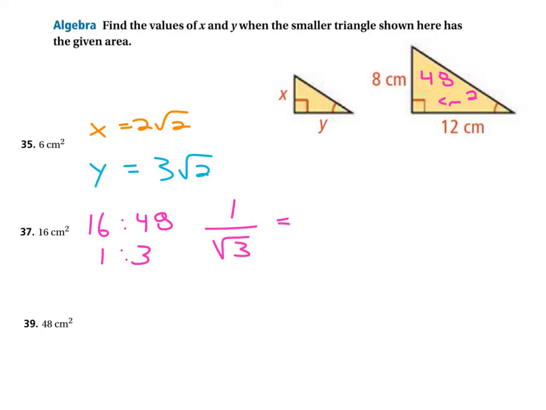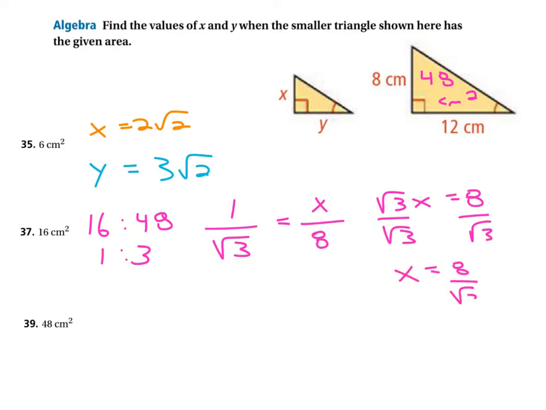Why do we want to do that? Because if we're comparing lengths now, we say, okay, if the smaller one has a length of 1, that's equivalent to the x that we're trying to find, and the larger one has an 8, we say then root 3x equals 8 when we multiply the diagonals, and then dividing both sides by root 3, we get x equals 8 over root 3, and when we rationalize that, we get x is equal to 8 root 3 over 3.